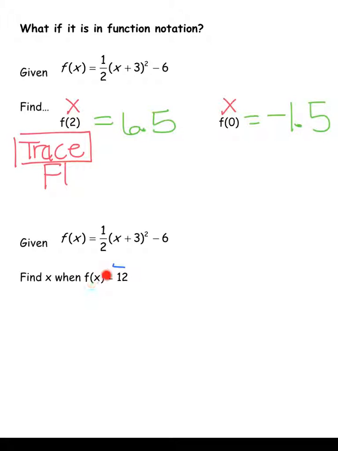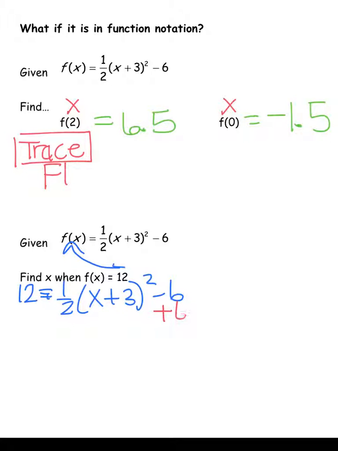So remember, if f of x is equal to 12, then f of x should become 12. I should be able to just plug that in. So 12 equals 1/2 times x plus 3 squared, subtract 6.